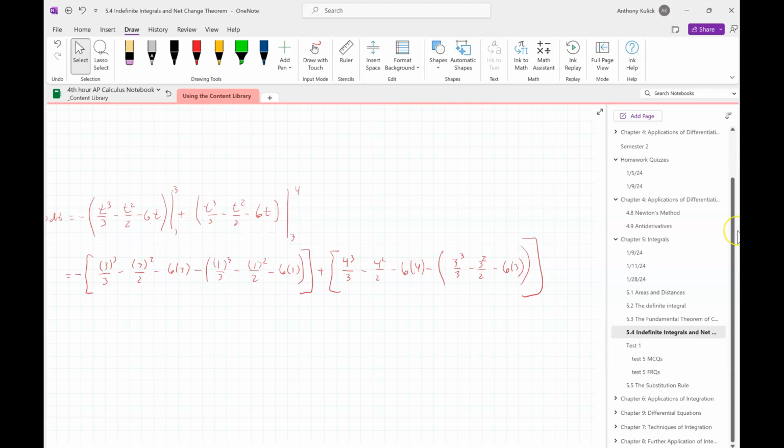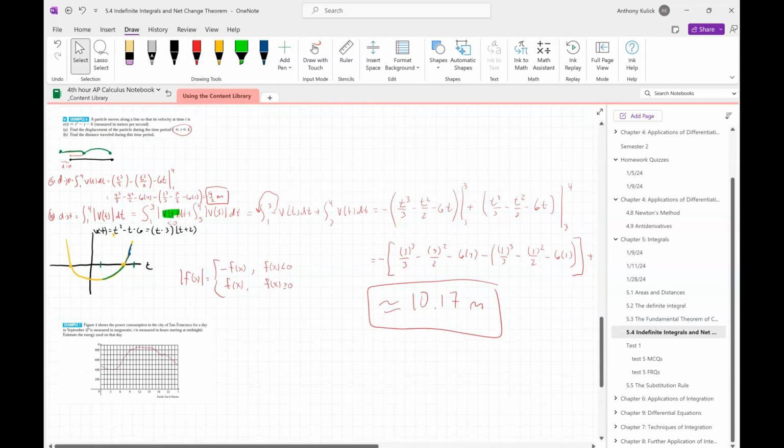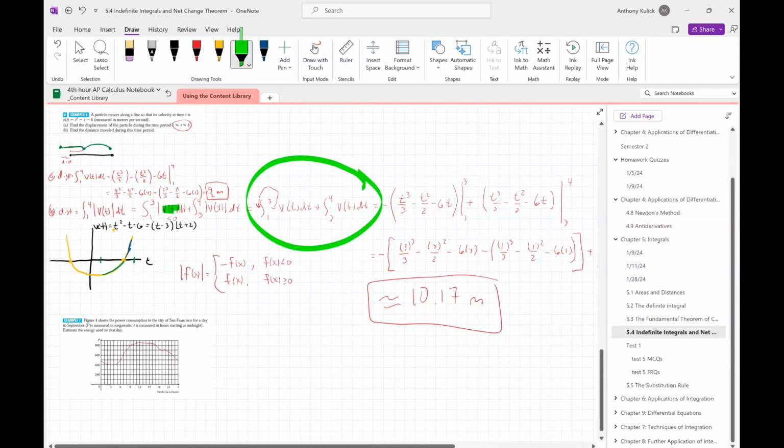Now, if we really want that number, it comes out to be about 10.17. And if you have your graphing calculator, once you've gotten it to that spot, you could use your graphing calculator to integrate that, right? I would not do it by hand.